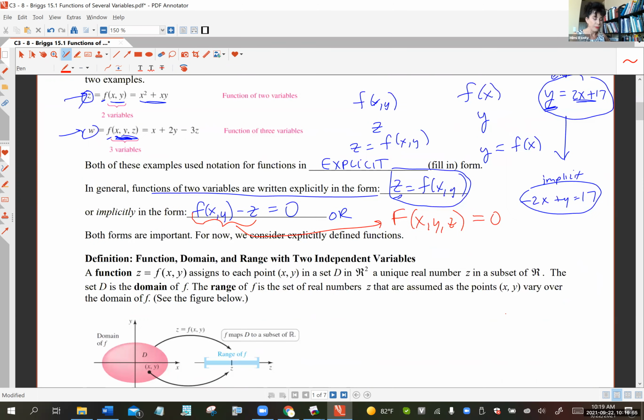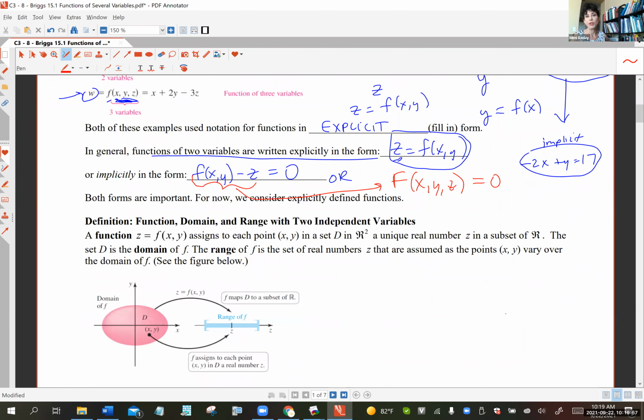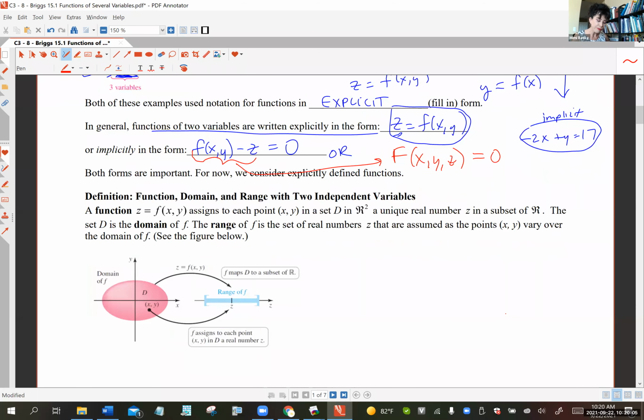Okay, now let's talk about domain and range. Once you're introduced to a new function, it's the next step. It's logical. Talk about domain and range. What are the inputs and what are the outputs? So when you're feeding the function of two variables something, the domain, it turns out you feed it points in R2, which is 2 dimensions. So this is the domain in the XY plane here.